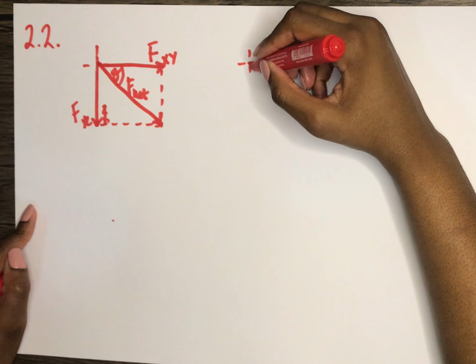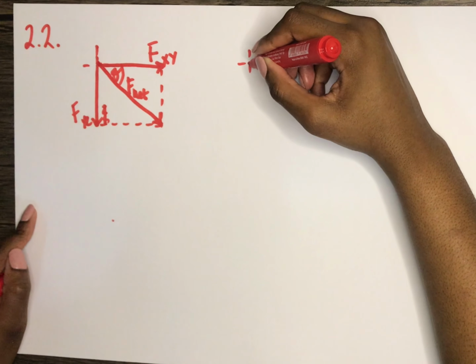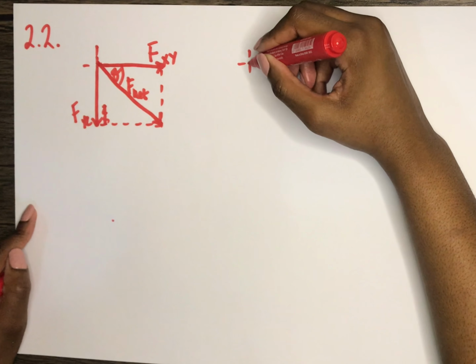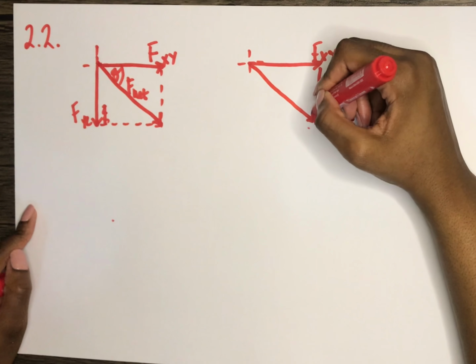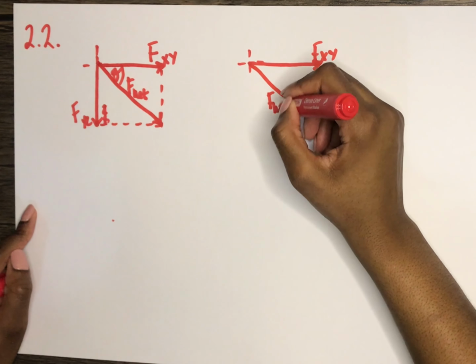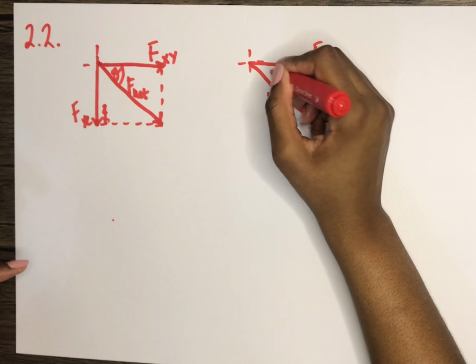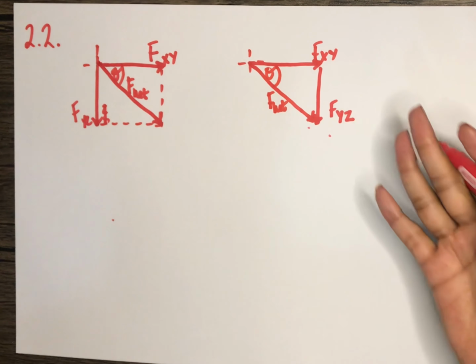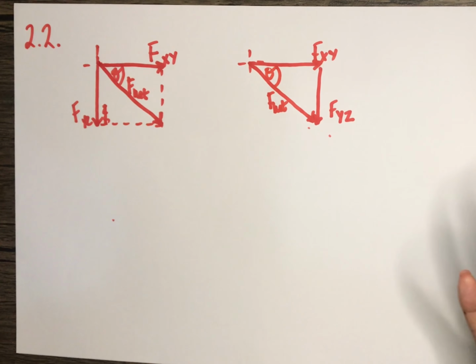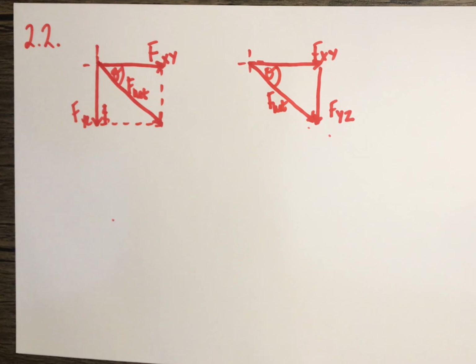And then from the tail of your first vector, from your origin, to the head of your last vector, you draw your F net, right? Your angle, direction of the net force is going to be here. So as you can see from these two diagrams, you can use trig ratios to find the direction of the net force, right?